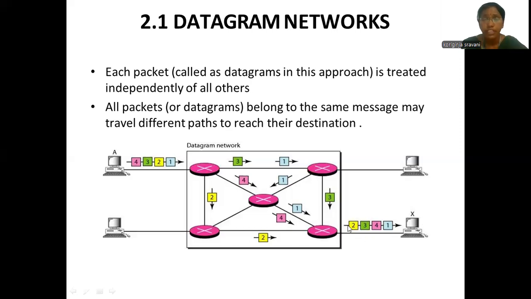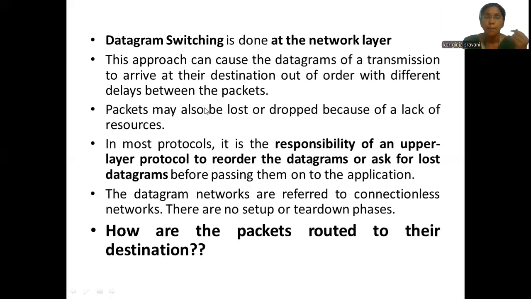For each and every packet, the source has to send a sequence number so that the receiver, the destination computer, can arrange the packets in order. You can see here, packets may also be lost or dropped because of lack of resources or any delay.